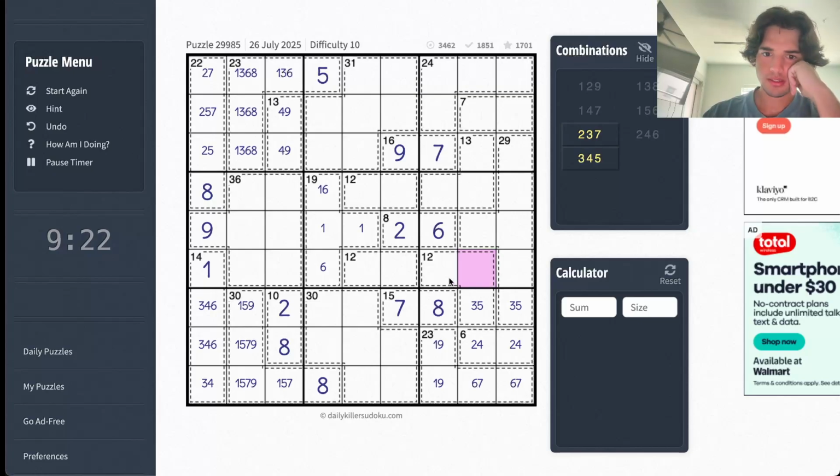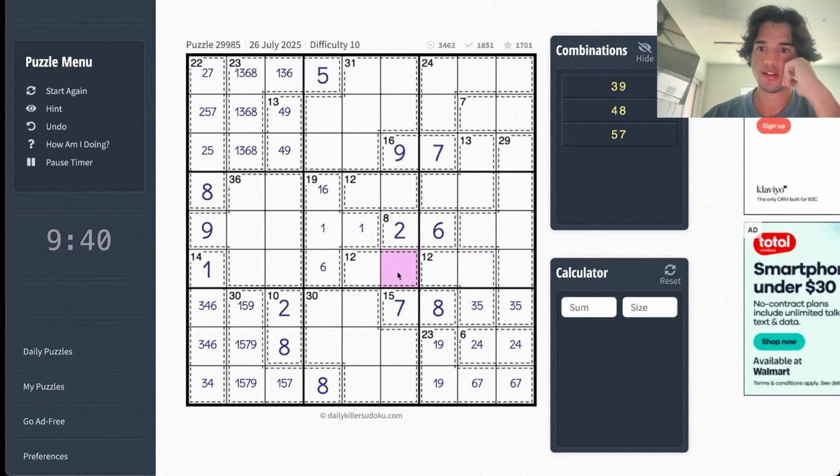I want to take a look at this again. Could this be 3 and 4, 5? Or could this be 5 and 3, 4? Because if this weren't to be a 5, then this would have to be a 3 because of that other combination. So that would be very helpful if this could not be a 5.